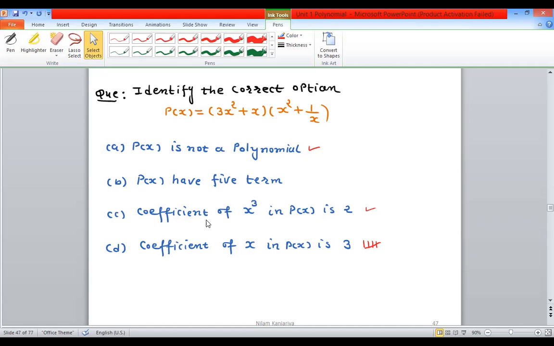You simplify it and then say whether it is true or false. So first multiply, simplify, and then give the answer.